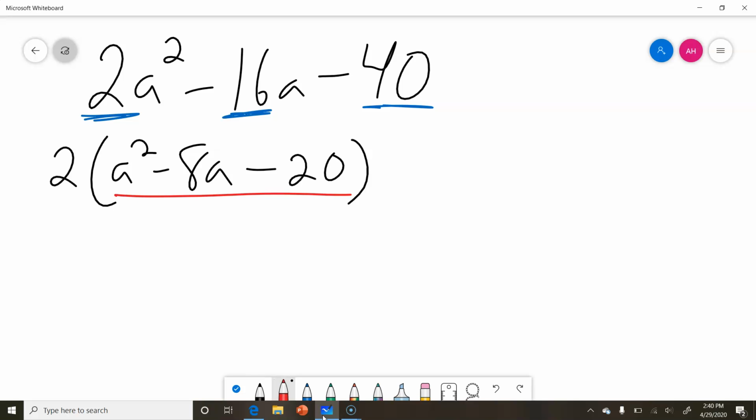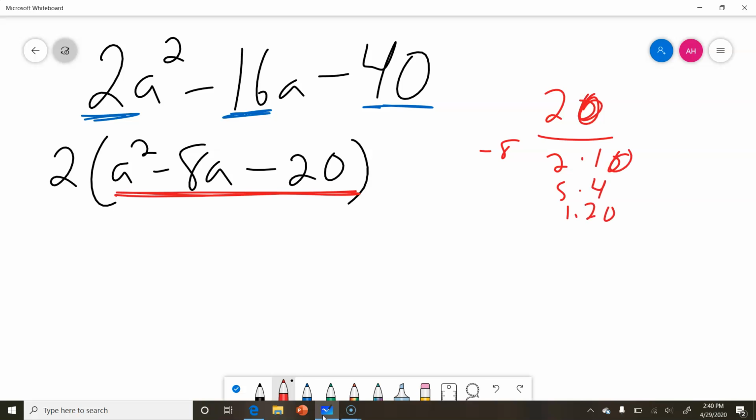Now I'm looking at this guy, and I'm saying, okay, 20, not a square root, so I know it's not a difference of squares. So I got to go, what is 20? What will multiply to 20 and give me negative 8? So I got 2 times 10, 5 times 4, and 1 times 20. Well, it's pretty clear here, right? This negative 8 is going to happen when the 10 and the 2 are subtracted, and so that's if the 10 is negative.